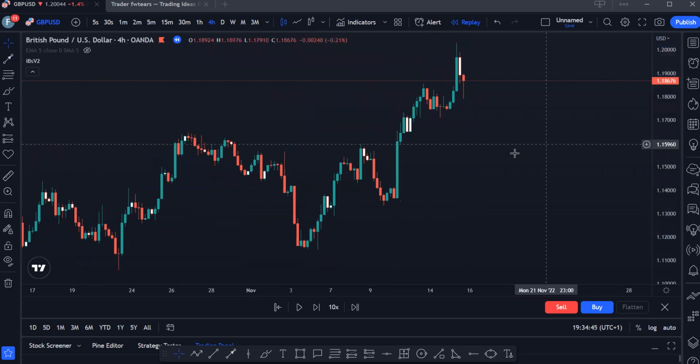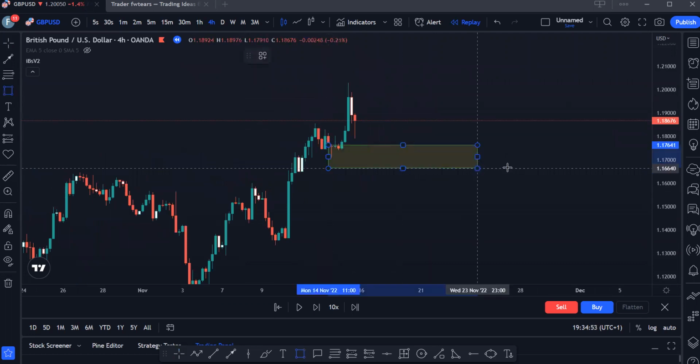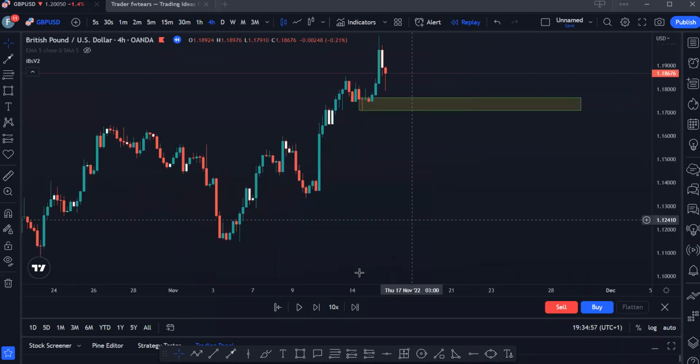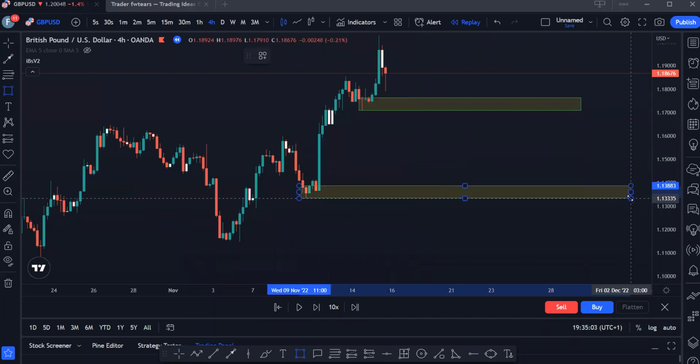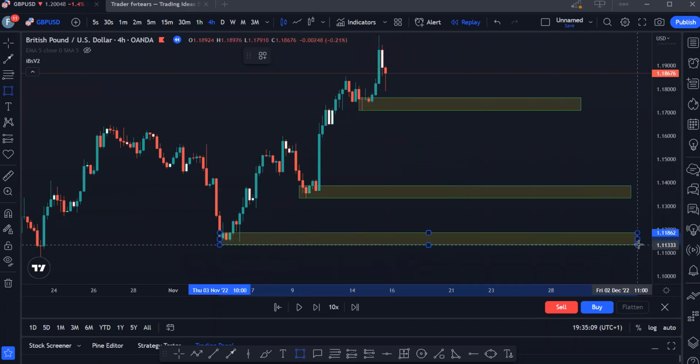You want to look for support, so let's mark out areas of support. We can see a retracement like so. This is support. This is another support here. And this is another support here, like so.